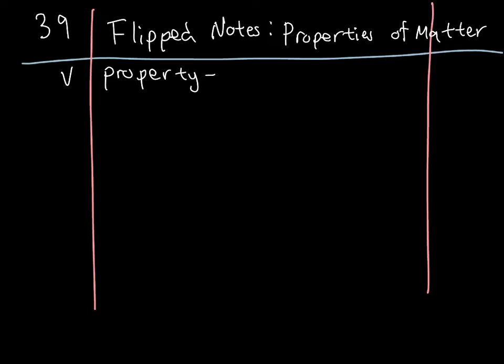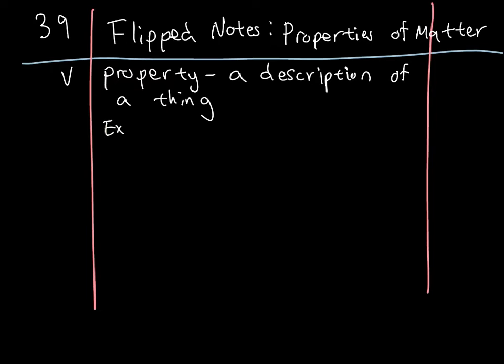And a property is a description of a thing. So I try to simplify the definition for you guys. The description of a thing, that's what property is. And I'm going to give an example.